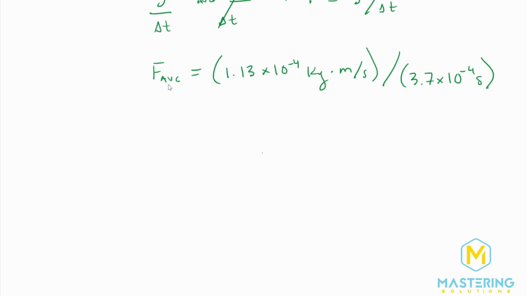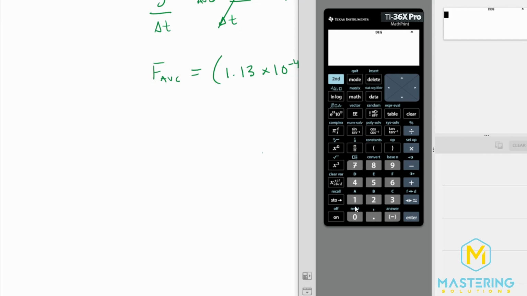Now the units, it's a force, so it needs to be in newtons. And a newton, if you recall, is kilograms times meters per second squared. And we have kilograms times meters per second divided by another second, so kilograms times meters per second squared, or newtons. So we know the math is correct. And now let's plug that into our calculator.